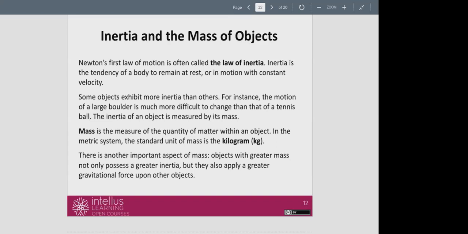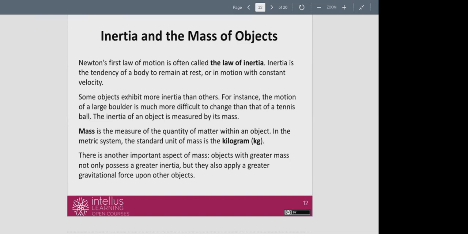We look at the mass of the object. Okay. Because we know that some objects have more inertia than others, because some objects are more difficult to change than other objects. And they give the example of a large boulder being more difficult to change than that of a tennis ball. And so that's because the large boulder has more inertia or more mass.